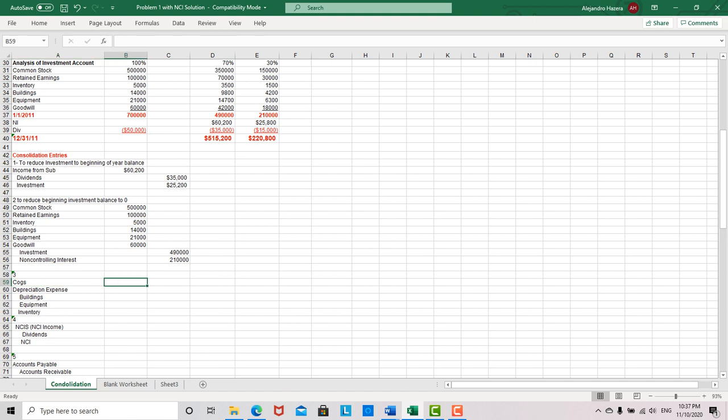Okay, and so for entry number 3 here, what we're doing here is recording this year's expenses. So the purpose of this one is to record 2011, which is the current year, the year consolidation expenses.